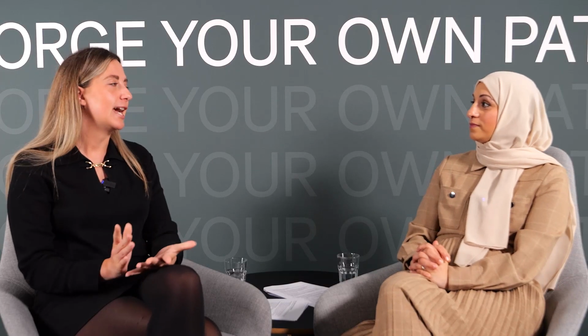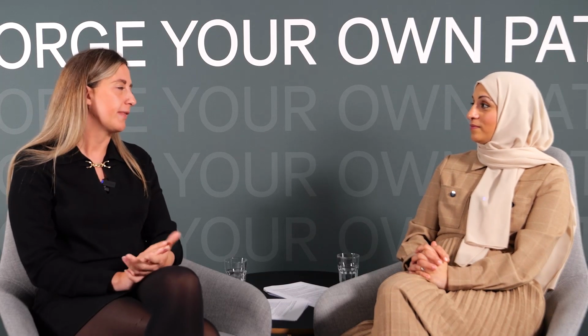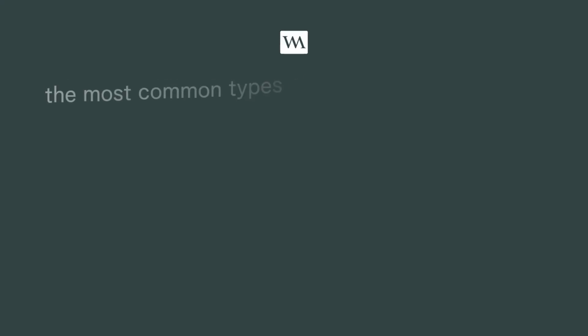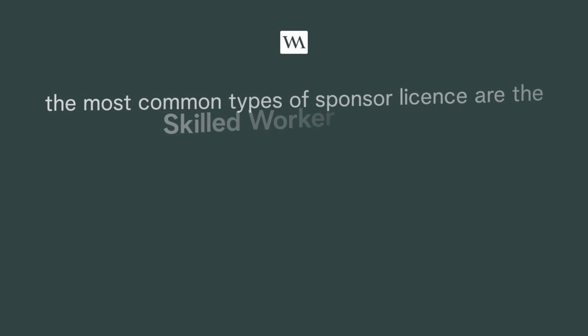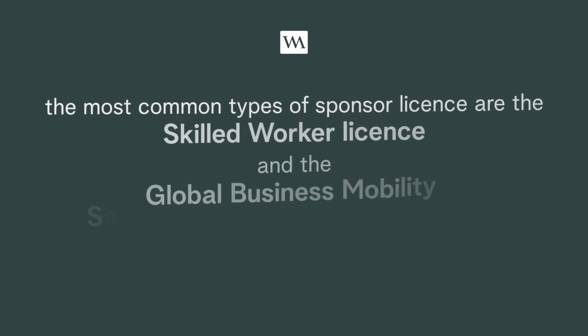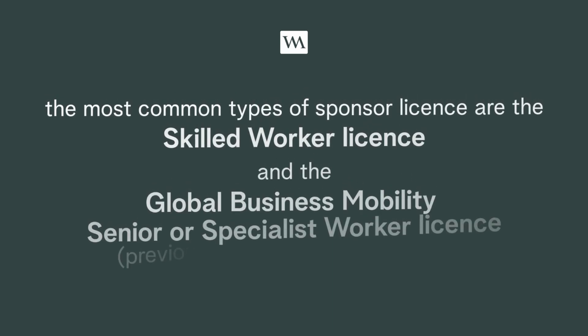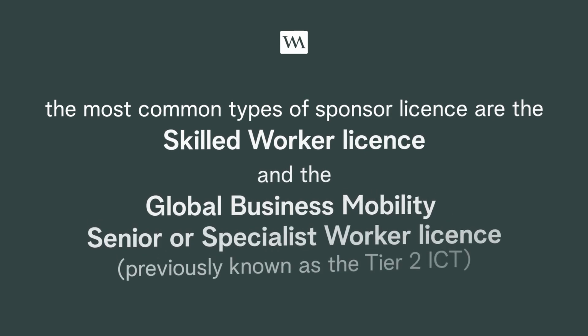And so there are different types of sponsor licence, and what are these? So the two main types of sponsor licences that organisations use, there are different types as well, but the most common ones are the skilled worker licence and the Global Business Mobility Senior or Specialist Worker Licence, which was previously known as the Intra-Company Transfer Licence.